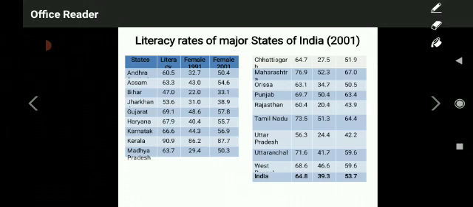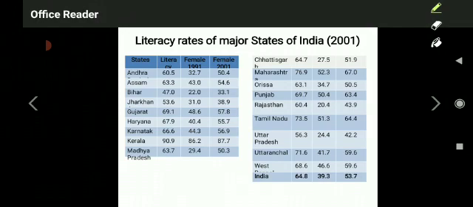What was the literacy rate of the entire country in 2001? Look at the first two columns to understand this single bar diagram. In the first column I have mentioned the names of the different states, and in the second column the literacy rate in percentage.